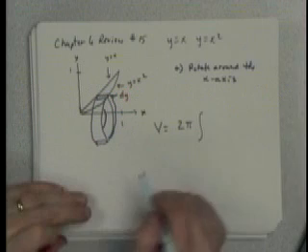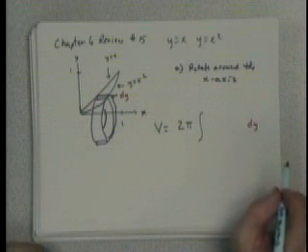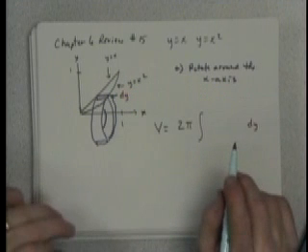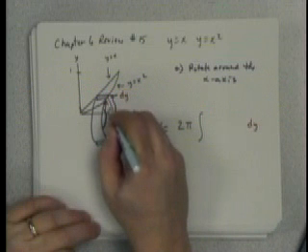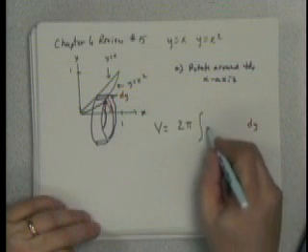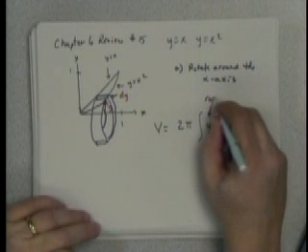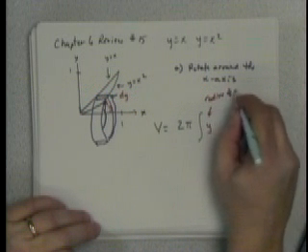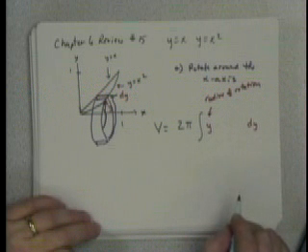The little differential side's a dy. So that means I have to have my functions, and the radius here is just going to be y. That's my radius of rotation.